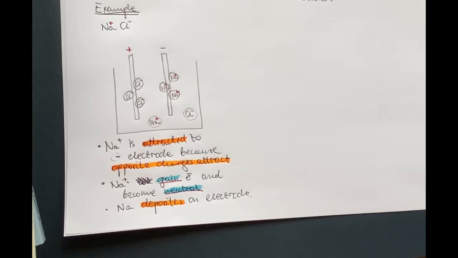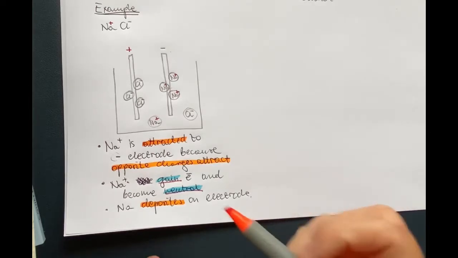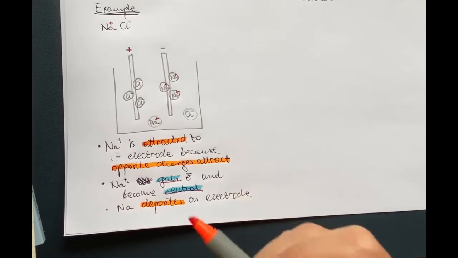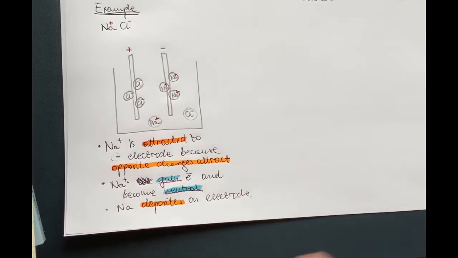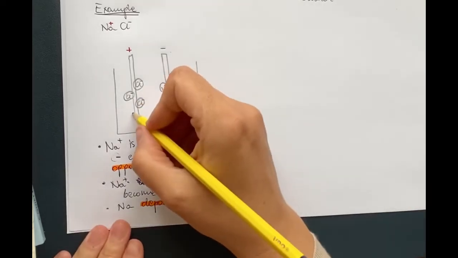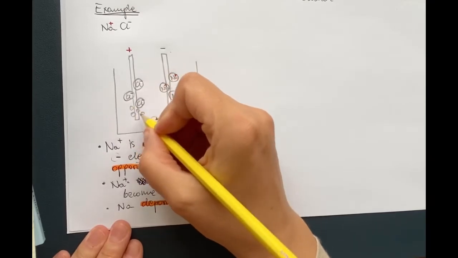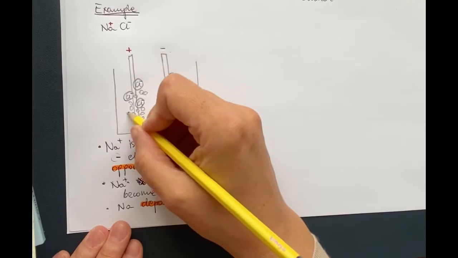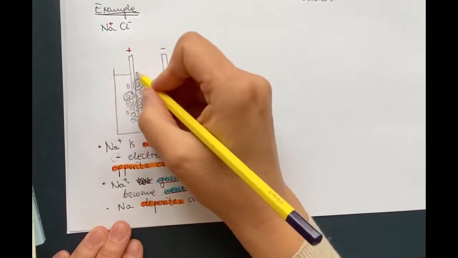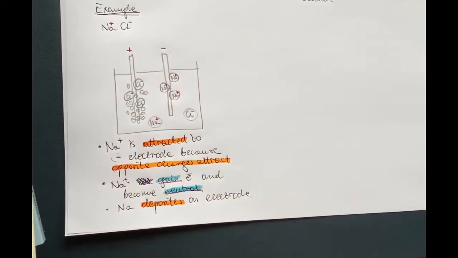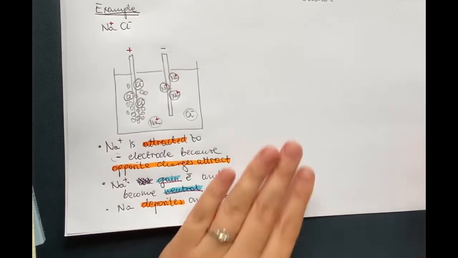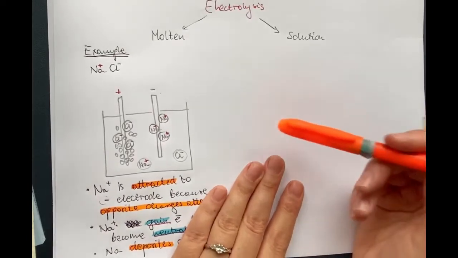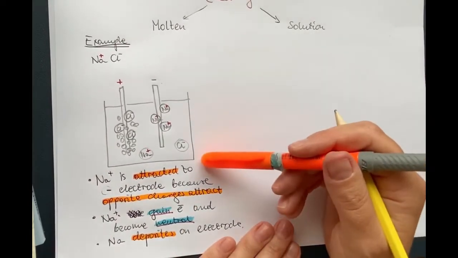So it has to lose that electron to go back to neutral. Then chlorine atoms deposit on the electrode. Chlorine deposits as a gas, so if you do the experiment, you will be seeing bubbles in here. That's it. So this is electrolysis of molten substances.